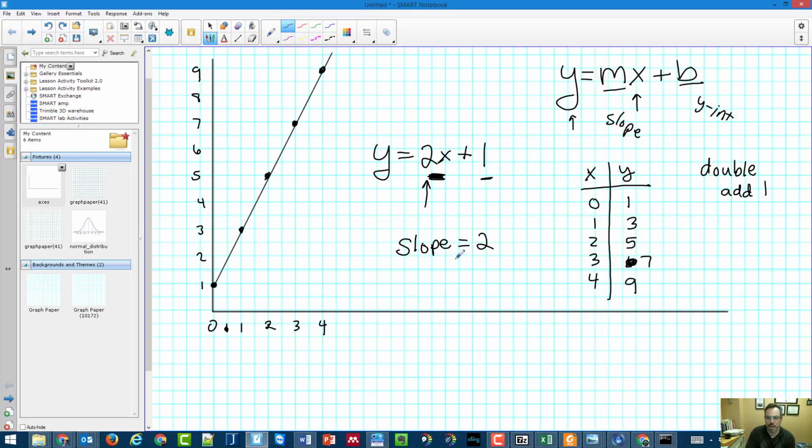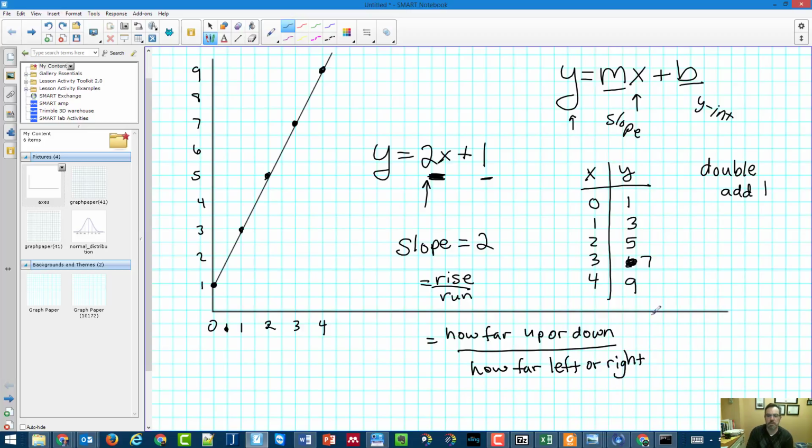When we talk about slope, just like you would think of a ski slope or an incline, a ramp, whatever it is, a lot of times people will refer to it as the slope is the rise over the run, which basically means how far up or down did this thing go, divided by how far left or right.